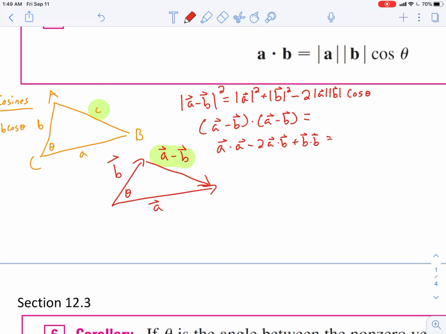Now, what we're going to do is combine everything that we have.